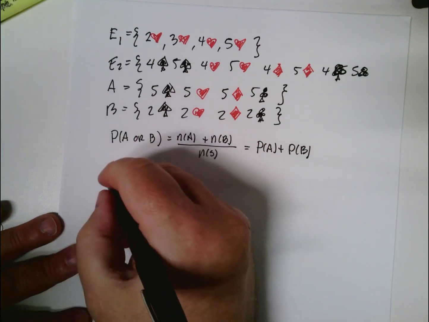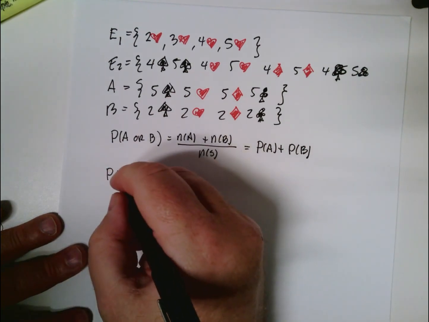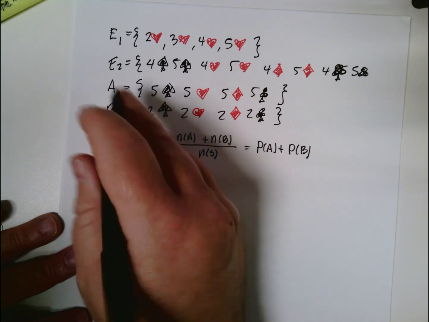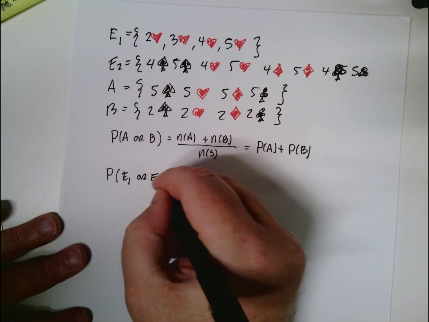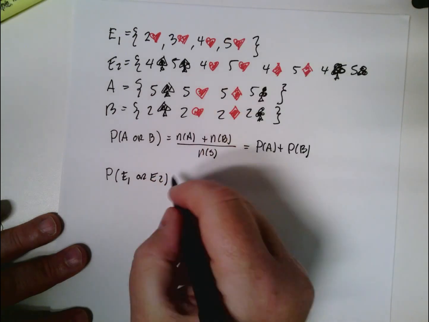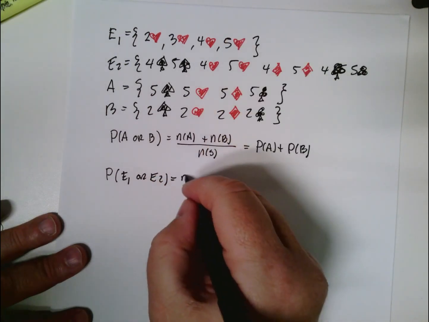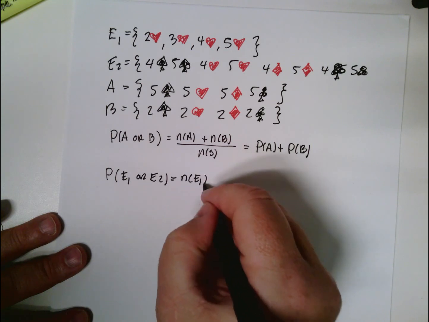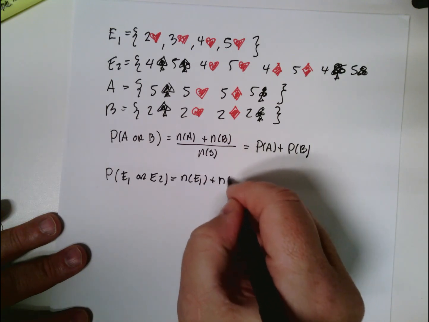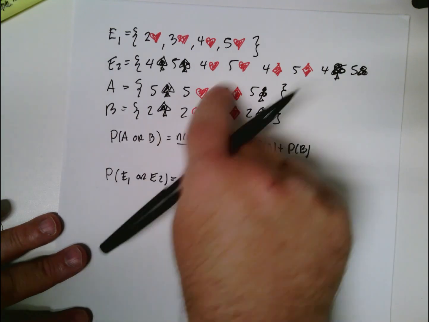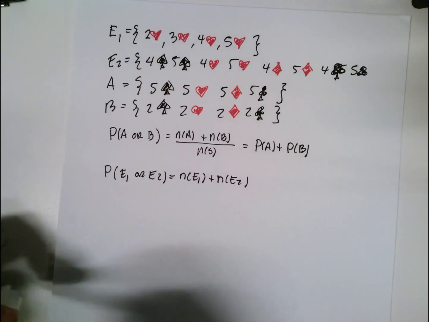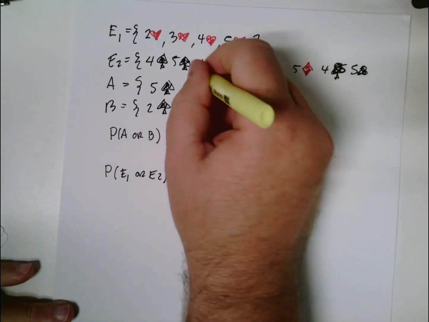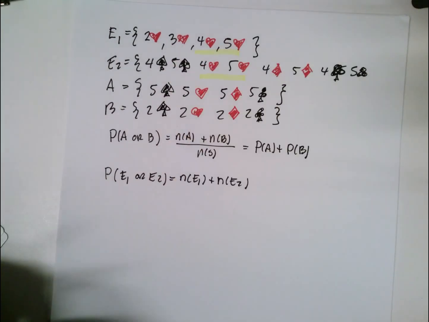Now, if it's two things that have something in common, like say E1 or E2, notice that they have something in common. I could still count the number of things in E1 plus the number of things in E2, but what I've done is I've counted these things twice.